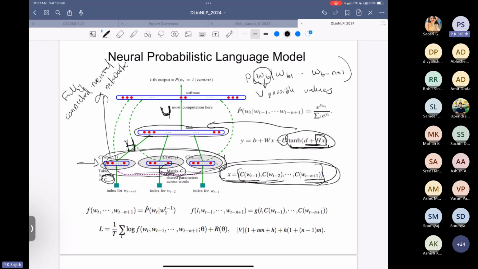So you want to find out V probability values. This is like a multi-class classification setup, where there are V possible outputs and you want to find out a probability distribution over V possible outcomes. And to find out a probability distribution over V possible outcomes, what do you do in the case of multi-class classification?